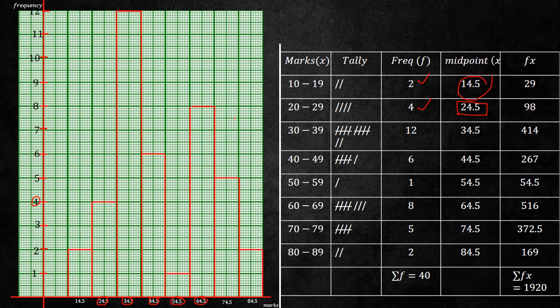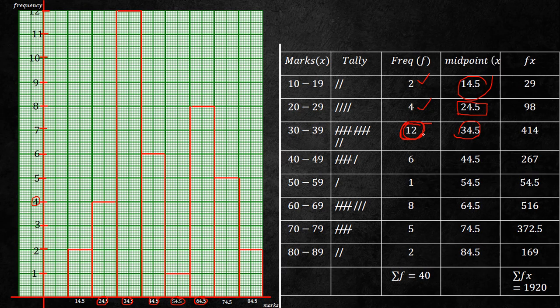Then the next thing is for us to use our histogram to solve for the mode of the distribution. To get the mode, you take the bar with the highest frequency. In this case it is going to be the 34.5, because it has the highest frequency, which is 12.